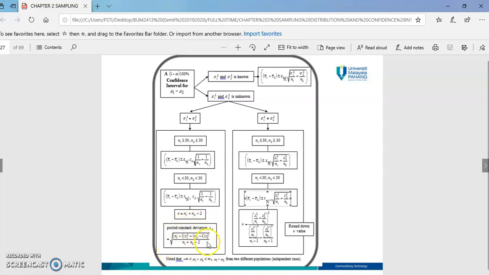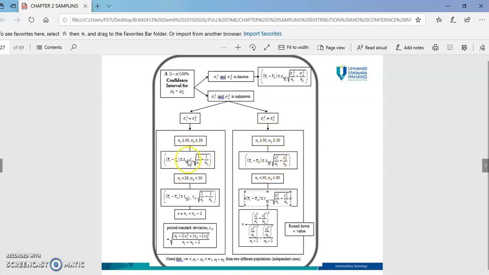As you know, no need to memorize the formula. You can always refer to your statistical table, but as already said in class, you have to know how to use the formula in the statistical table. When you have unequal population variance and sample size greater than 30, it will be the Z distribution.